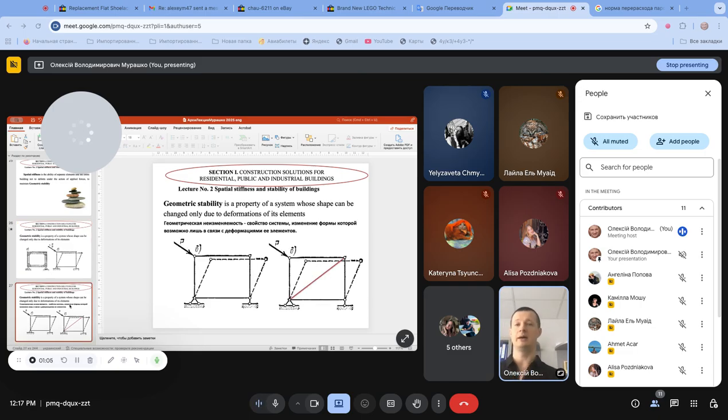So it is possible to make it a triangle, because when we are talking about triangle elements, in this case we can get a geometrically stable system which will not get deformation because of its nodes, but only because of its elements.